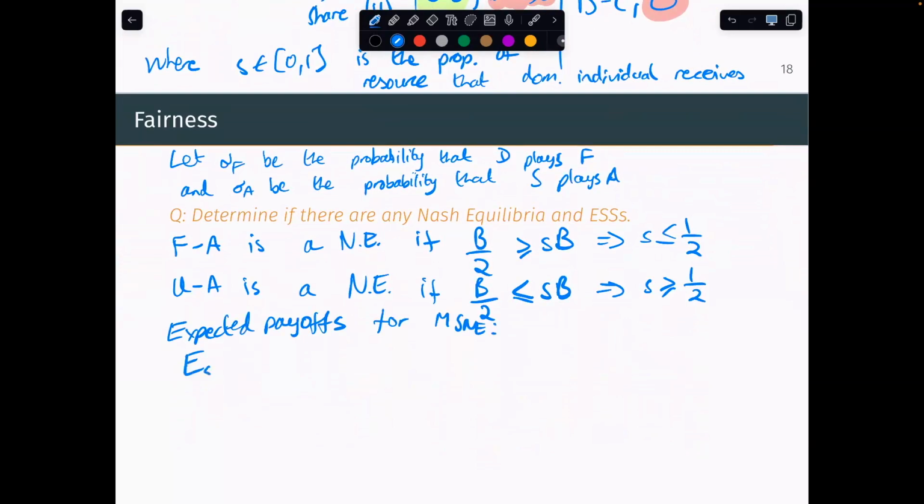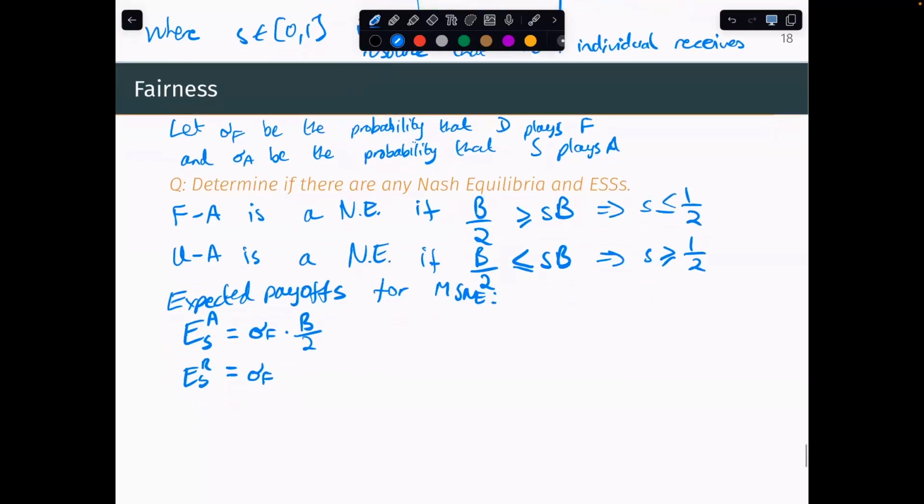Okay, for our subordinate individual, their payoff if they play accept or reject is going to be equal to the probability that the dominant individual gives a fair share times by the payoff if the subordinate individual accepts that fair share or rejects it, so B over 2 and 0.